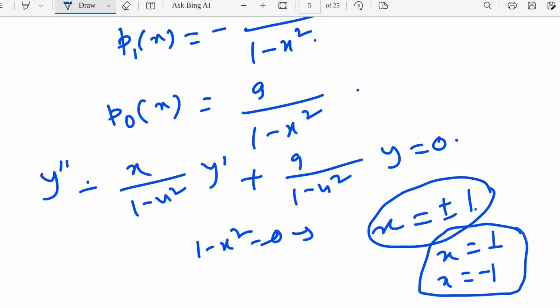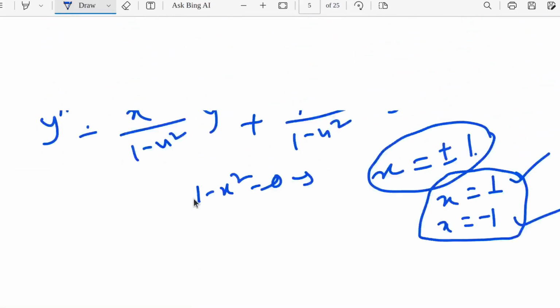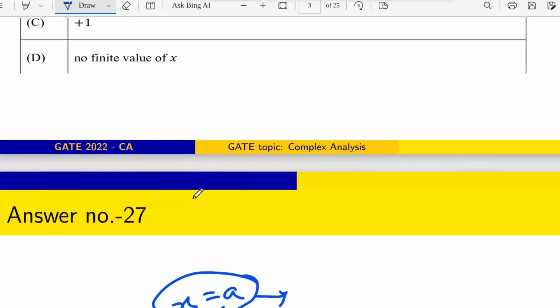But I don't know about the nature of that singular point. Is it regular? Is it irregular? That I have to calculate. Okay, so if let's say 1 is regular singular, then obviously our answer will be 1. If let's say minus 1 is the regular singular, then obviously minus 1 will be the answer. Okay, so now how to calculate whether it is regular singular or not?